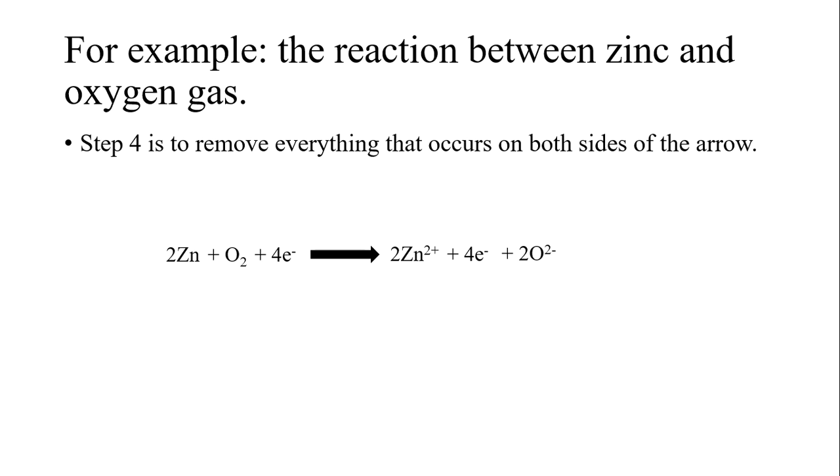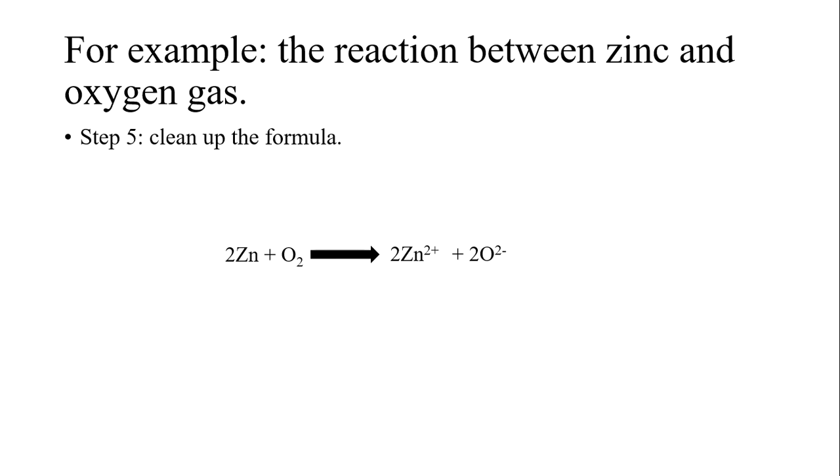And it looks like this. And now you can see that on both sides of the arrow we have the same thing, that is 4 electrons. If it's identical before and after a chemical reaction, we cancel it out, like so. And then we tidy up if we have access to animation.